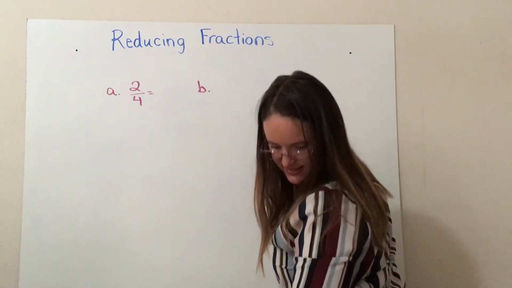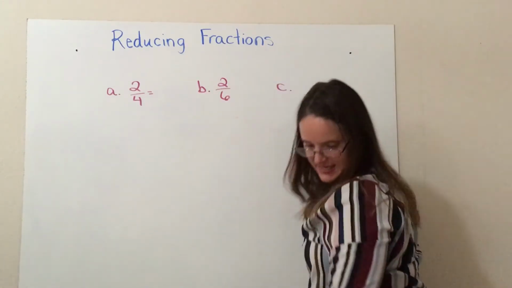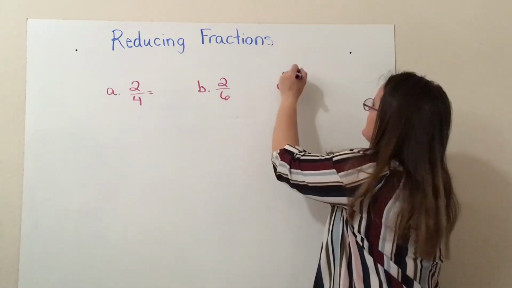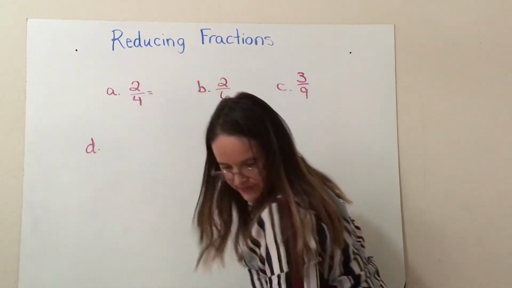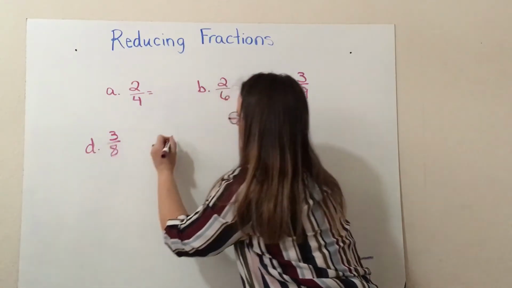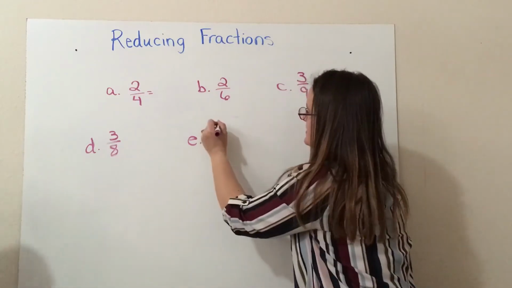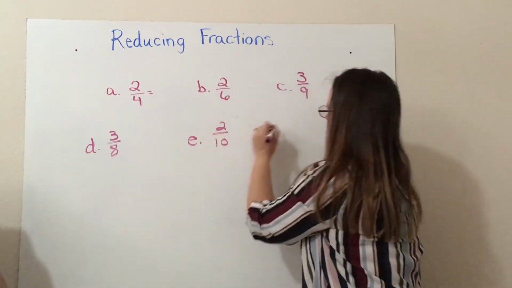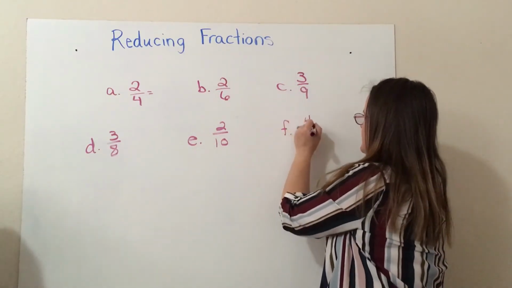B is 2/6. C is 3/9. D is 3/8. E is 2/10. F is 4/10.